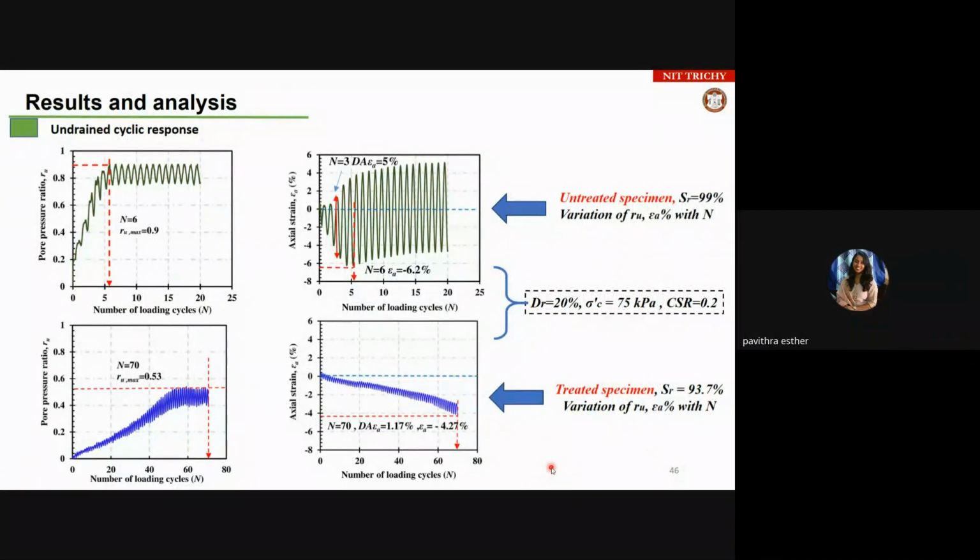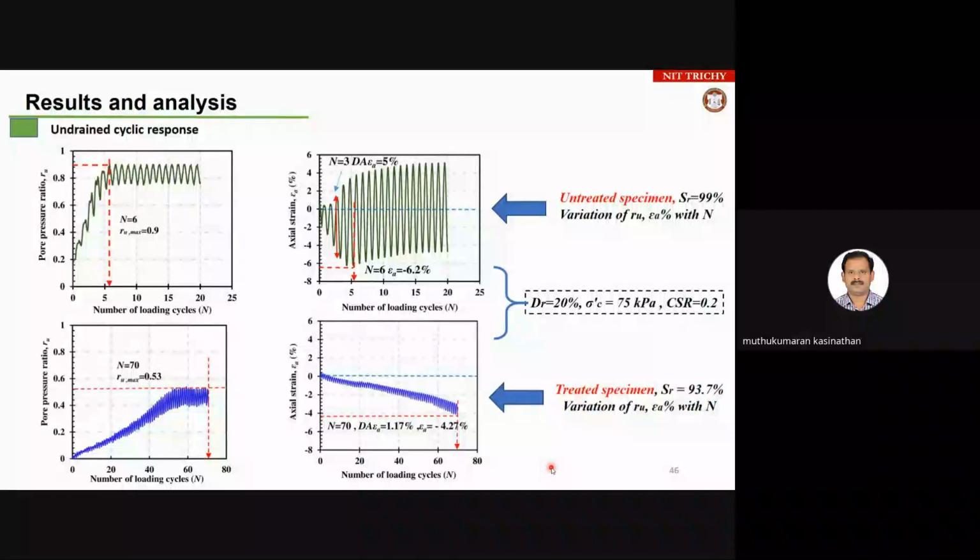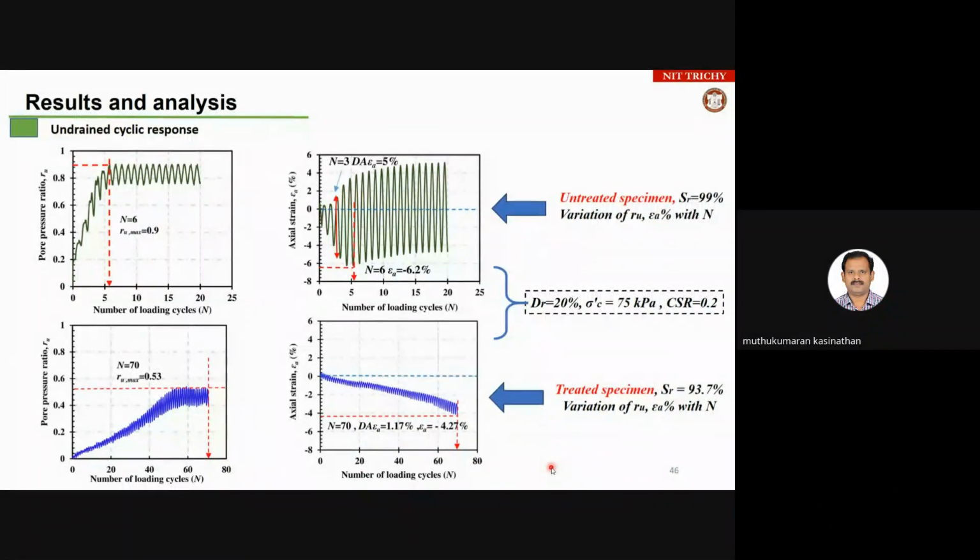We are extending the studies to real shake table tests, which we are actually doing. And we have developed certain models and devices to maintain a uniform degree of saturation. There are several challenges involved in this method, and as of now we don't have any standard procedure. That is our ultimate aim: we want to develop a system for this. Of course, in the field, we have a lot of challenges we need to overcome.